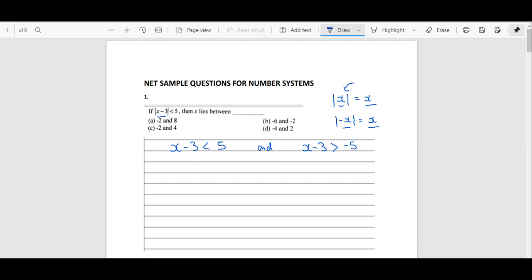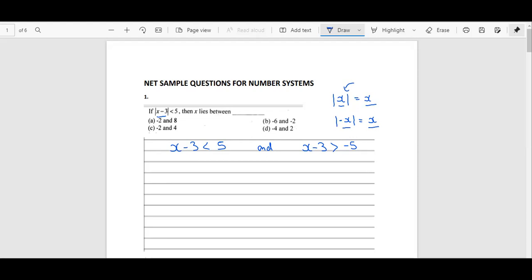So in short, whenever you come across such a question where you have to find the range of x or the value of x, if it is an inequality, you need to find the range. If it is an equation, you'll be finding the exact value.